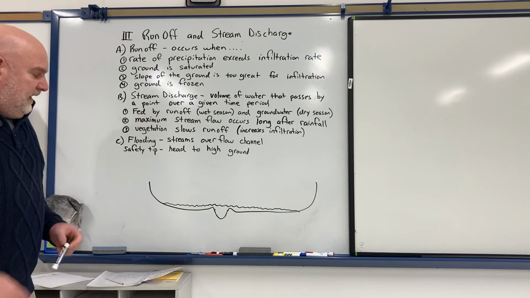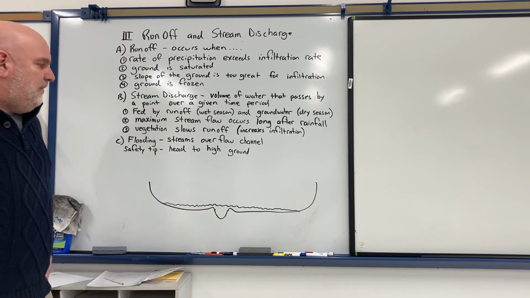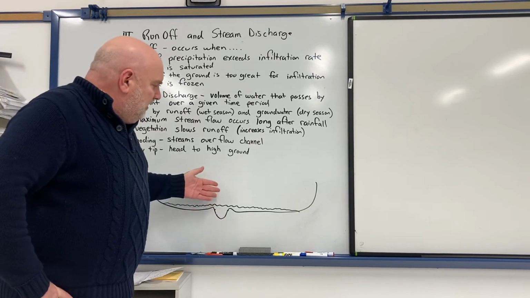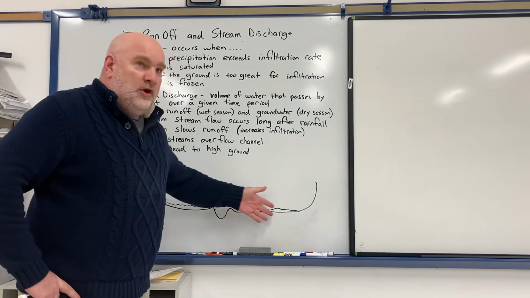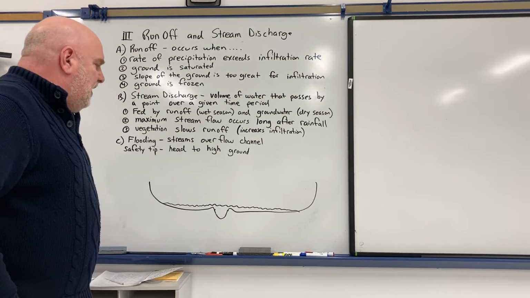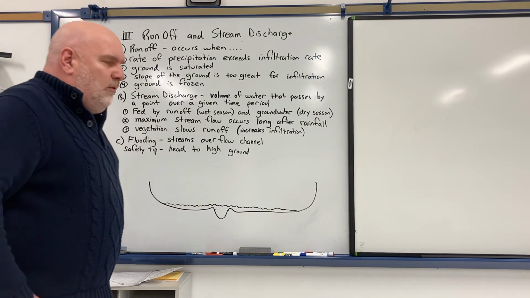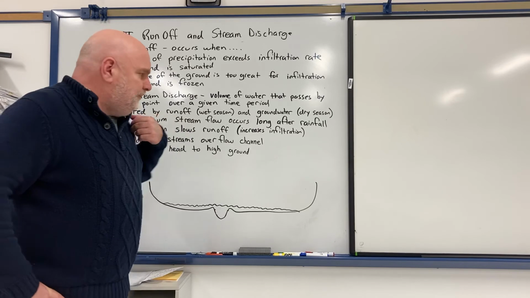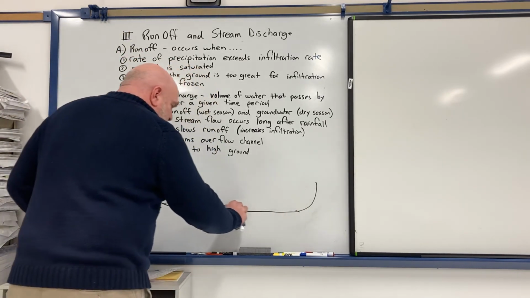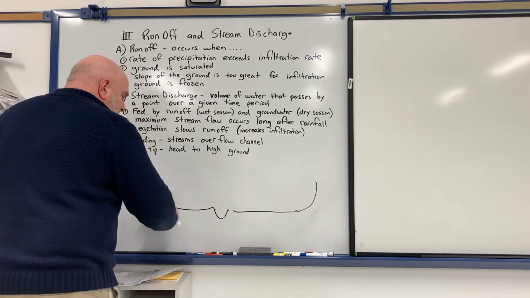Now, floodplains, a lot of times they make really good farmland. And the reason being is whenever this floods, it's going to bring lots of new nutrients to the ground there. So it makes good farmland. But a lot of people have also built houses and stuff or cities in the floodplain.